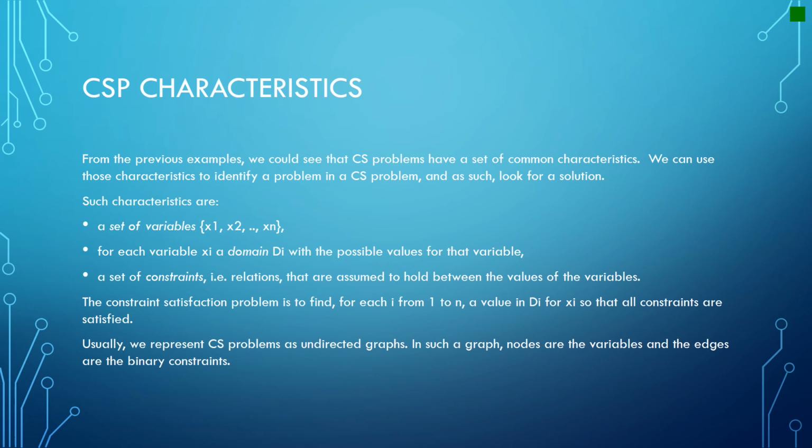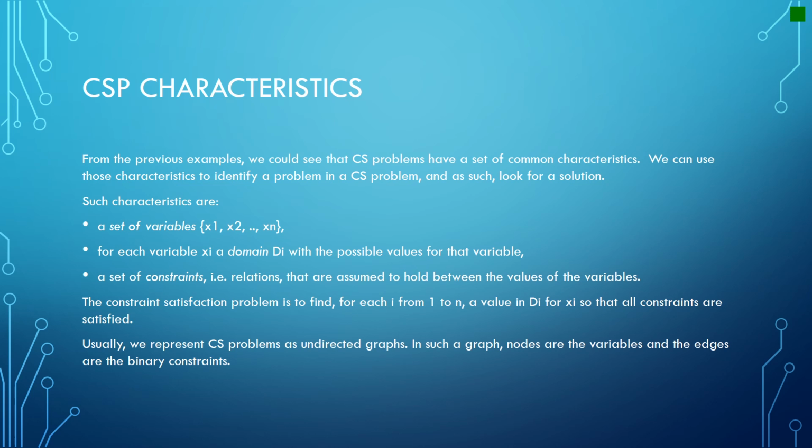And for each variable, xi, a domain di with the possible values for that variable, and a set of constraints or relations that are assumed to hold between the values of the variables. The constraint satisfaction problem is to find, for each i from 1 to n, a value in di for xi so that all constraints are satisfied.